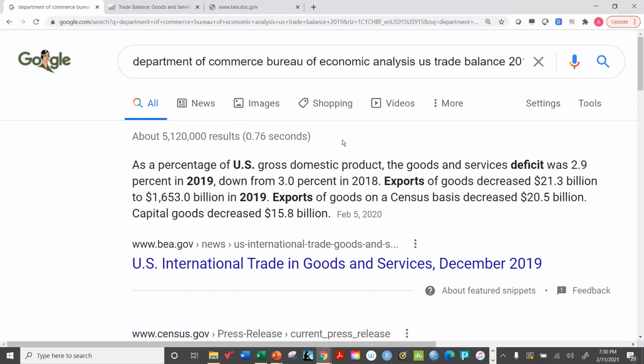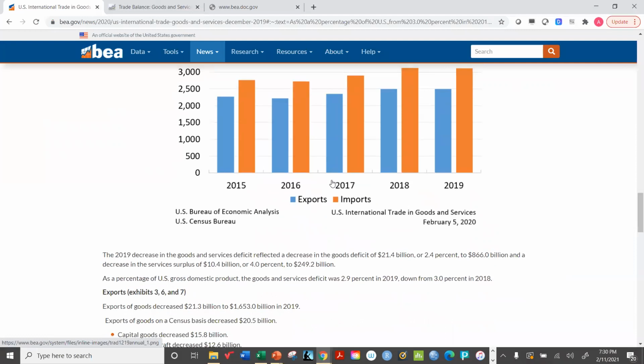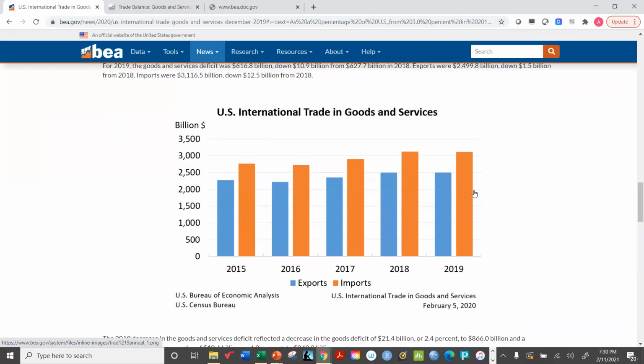We could technically get 2020, but it's probably not available yet. It's only February. It usually takes about 3 months to completely finish analyzing the end of the previous year. So let's take a look at this. This is a brief overview. And you can see in 2019, the blue is exports and the orangey color is imports.